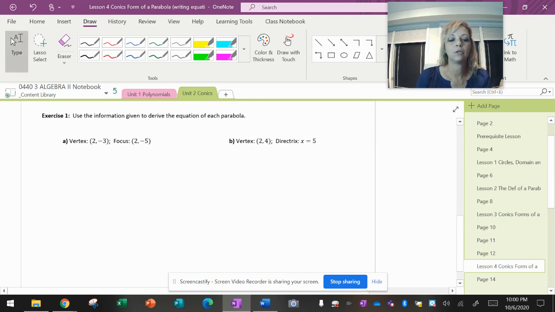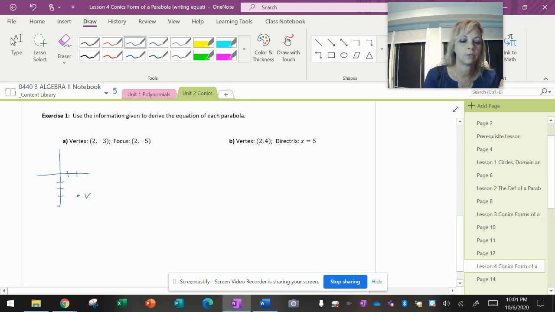Now we're going to use the information given to derive the equation of a parabola. So I have a vertex, I have a focus. I'm obviously always going to give you some pieces of it. Remember how we started on that first day where I said to make sure that you graph, just do a little plot. When x is 2 and y is -3, I have a v for vertex.